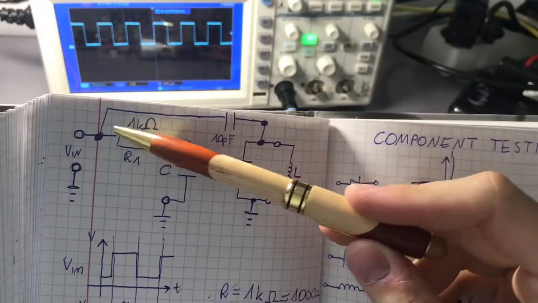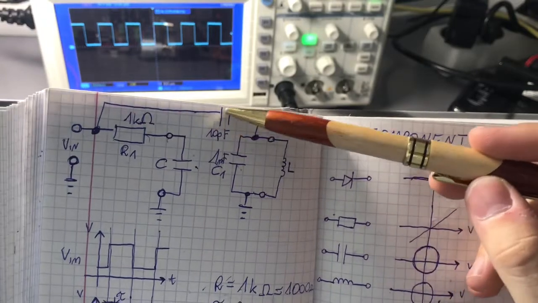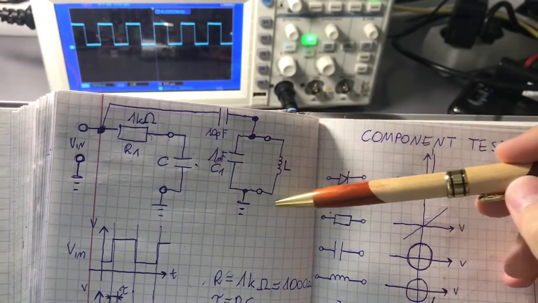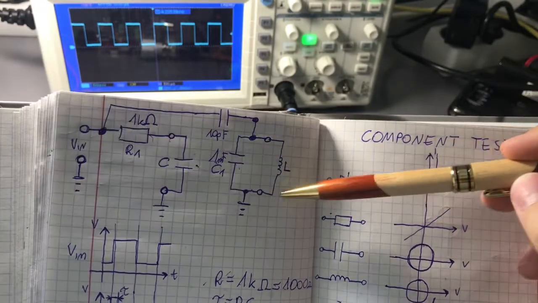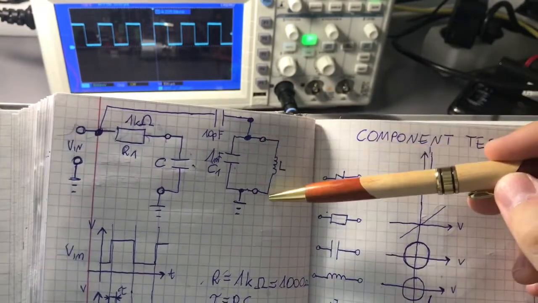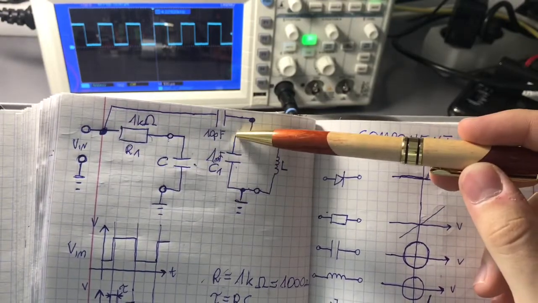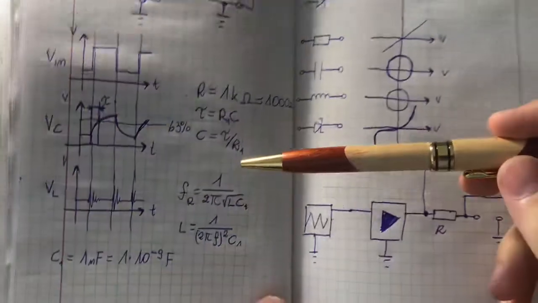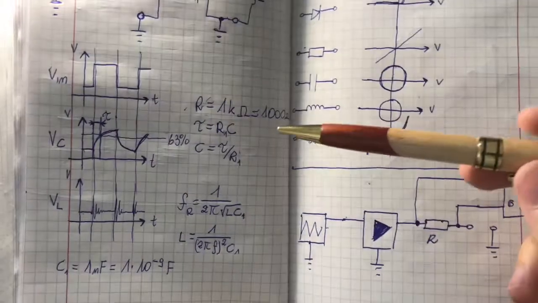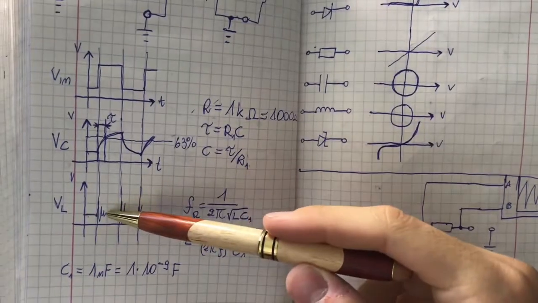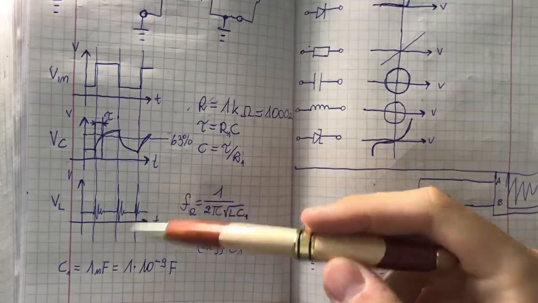Then we pass a signal through a 10 picofarad capacitor, and then we have a parallel resonant circuit here. Here we'll connect our unknown inductor in parallel to a 1 nanofarad capacitor, and then we'll see something like that, a bit of oscillating.